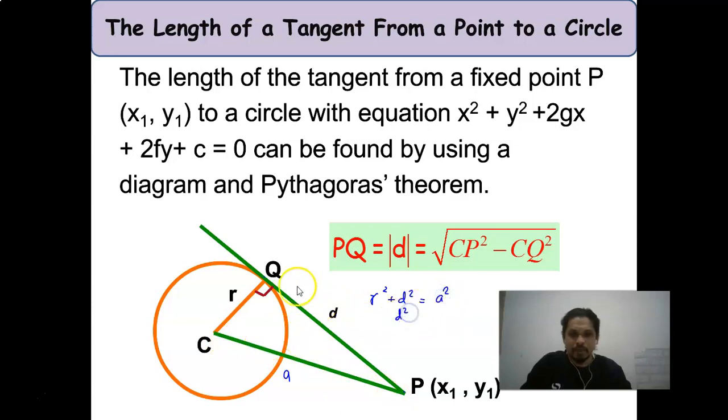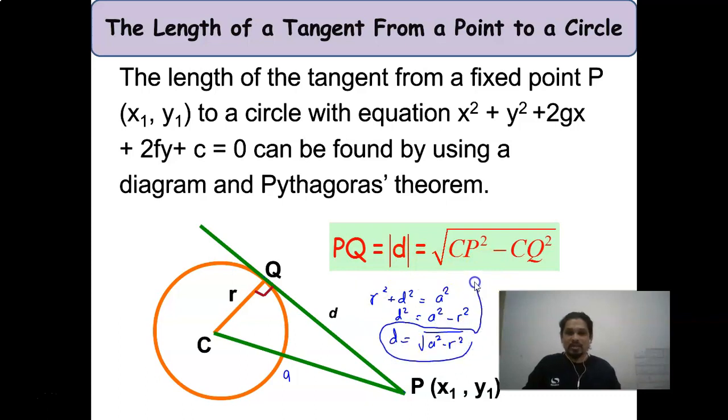So then D squared from Q to P equal to A squared minus R squared. Then D equal to square root of A squared minus R squared. So this is the explanation of above here: CP squared minus CQ squared.